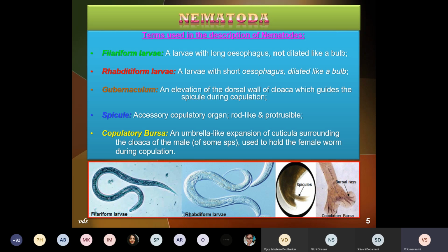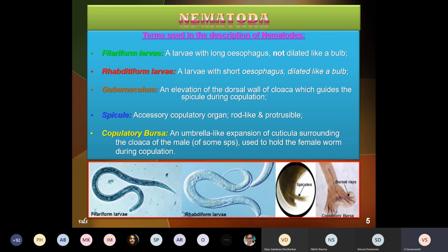The first diagram at the left side has a long esophagus which is not dilated at the posterior end. The esophagus is very long, but it is not dilated in the form of a bulb. Such filamentous form, which is very narrow and long, is called the filariform larvae.